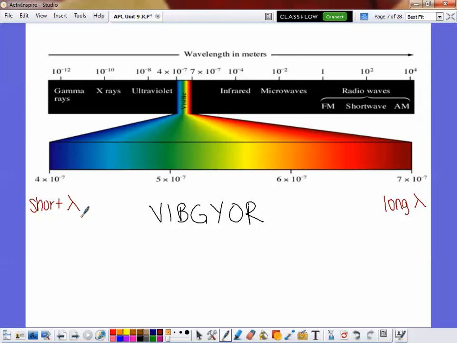A long wavelength means a low frequency. Remember, all of this light is traveling at what speed? The speed of light, 3.00 times 10 to the 8th meters per second. It's all traveling at the same speed, so the longer it is, the fewer waves will pass per second. The shorter it is, the more waves will pass per second. So that's why a long wavelength is a low frequency and a short wavelength is a high frequency.